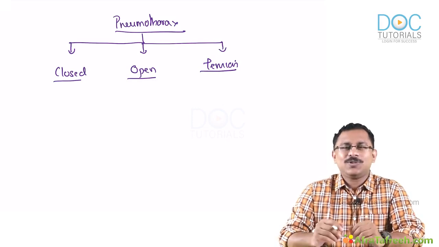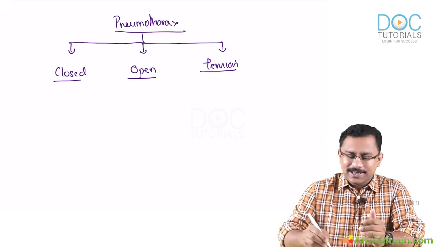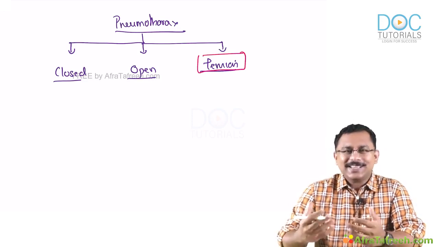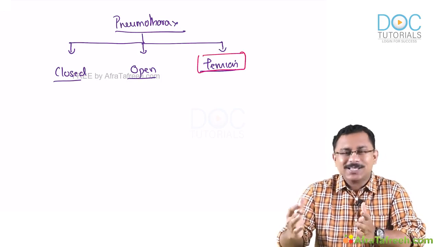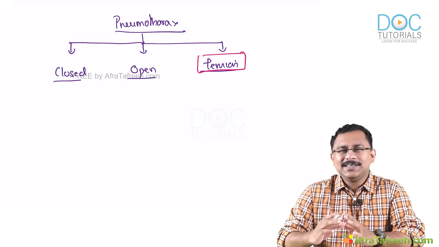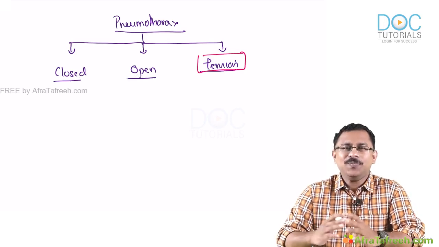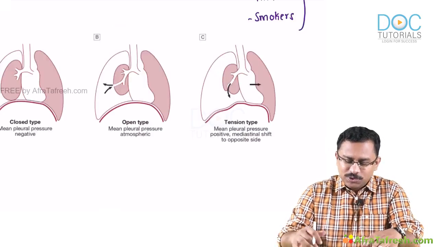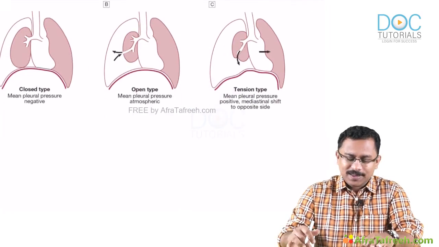What is a closed pneumothorax, what is an open pneumothorax, and the most important one, tension pneumothorax. So if I was asking some question for the exam, my question would usually be on tension pneumothorax because it is such an important entity that you should know. Okay, so listen to it very carefully. So let's try to see what are these terms. Okay, closed, open and tension pneumothorax.